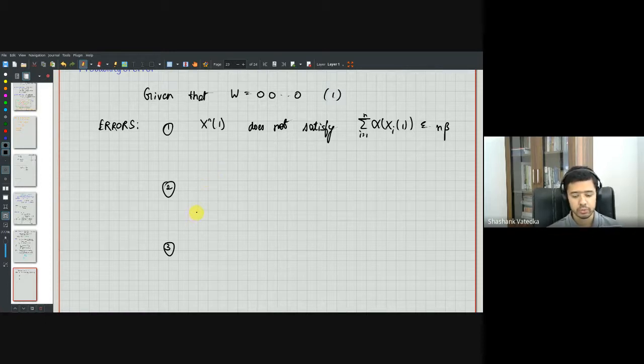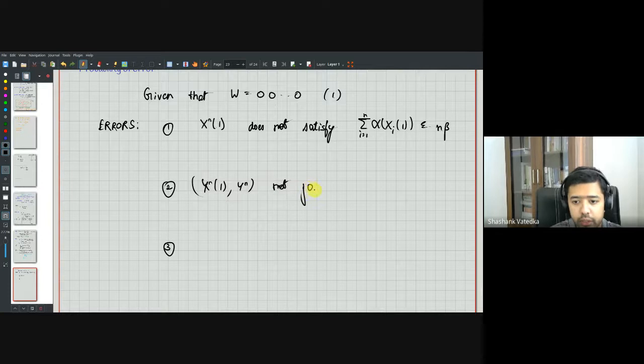The second source of error is a decoding error. This is what can go wrong at the encoder. Now at the decoder, either the received sequence yn is not jointly typical with respect to xn of 1.